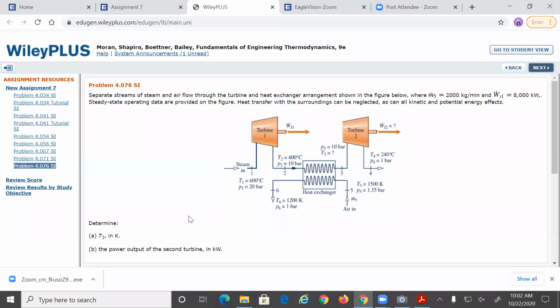Then all this is gonna go into a heat exchanger. We have steam at 2: T2 would be 400, P2 is 10.